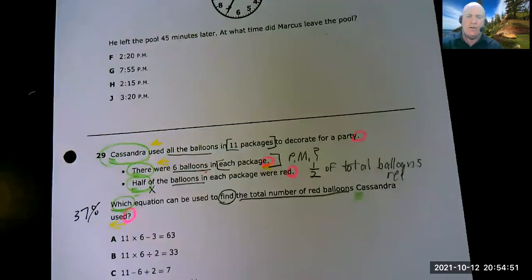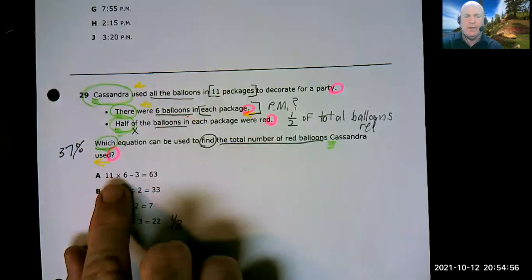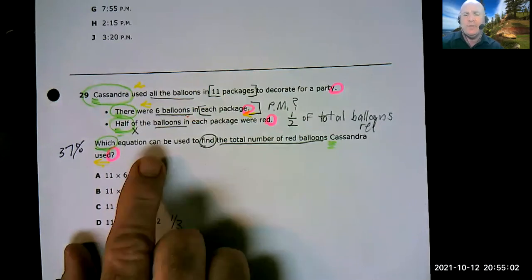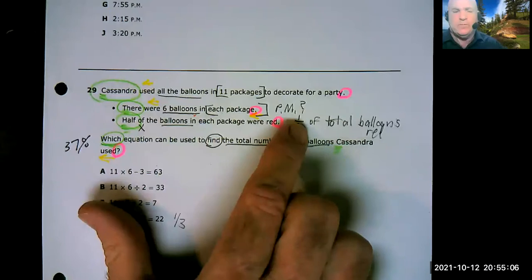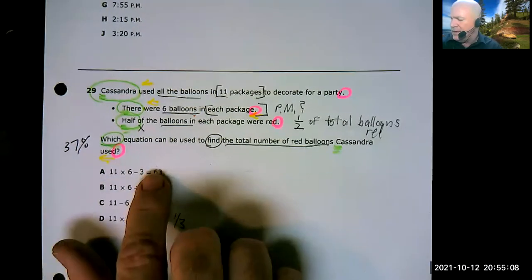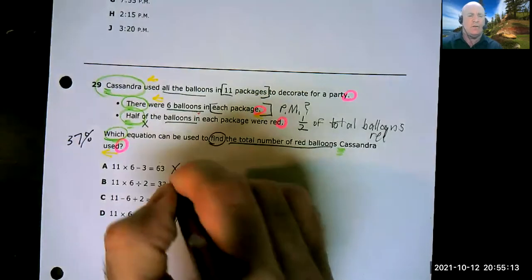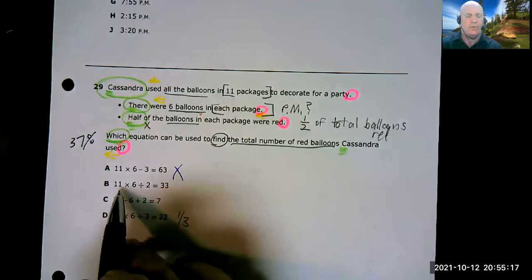There's our 11 times 6, but it says -3. That has nothing to do with 1/2 divided by 2. So we're going to eliminate letter A. 11 times 6, there's the 11 packages, times 6 balloons in each.